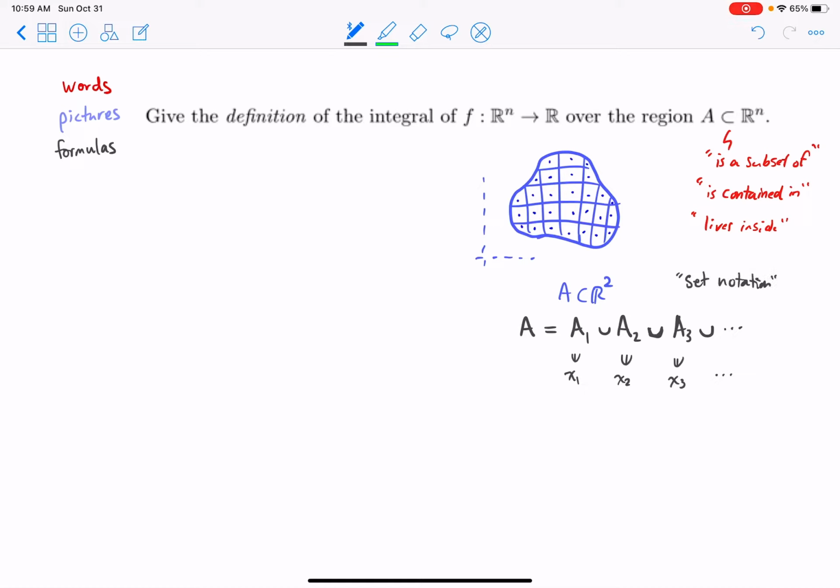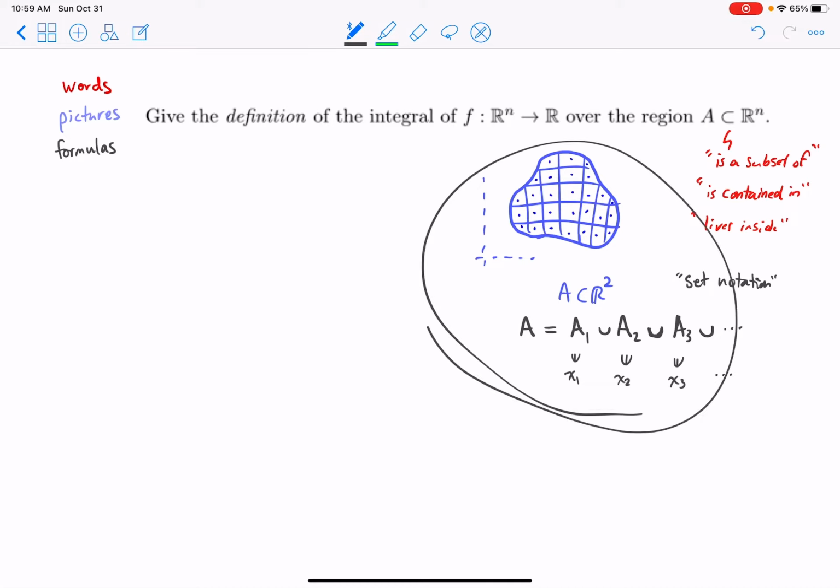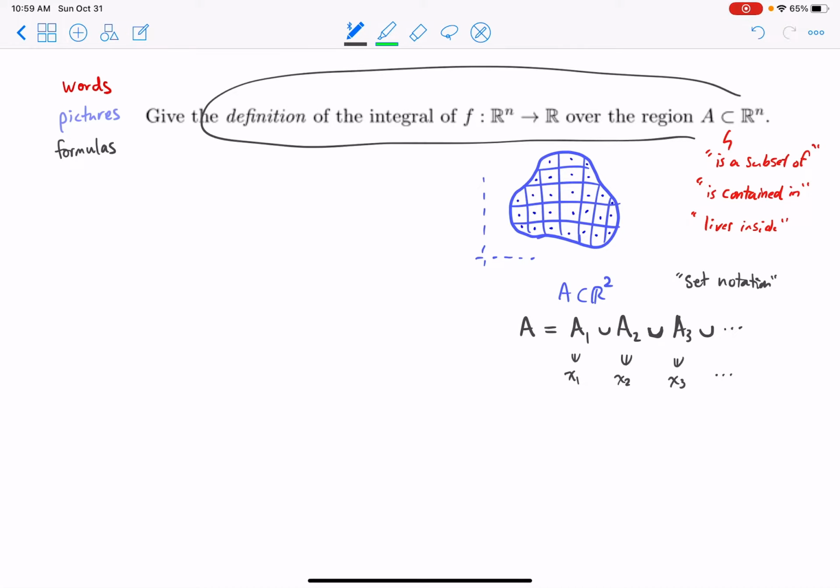Okay, but all right, this is good. This is the picture we have for an integral. Now let's give the actual definition.